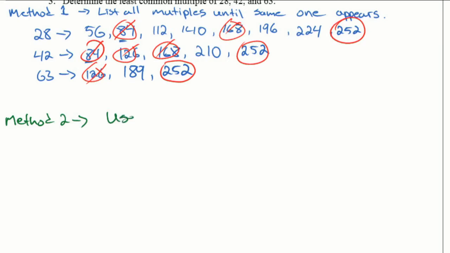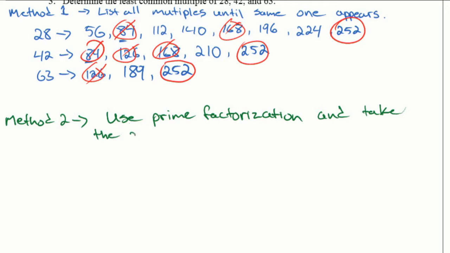And we're going to use prime factorization. We're going to take the greatest power of each number and multiply them.